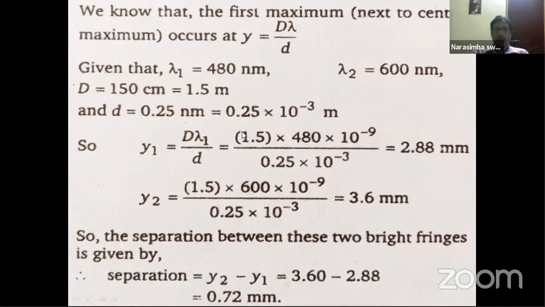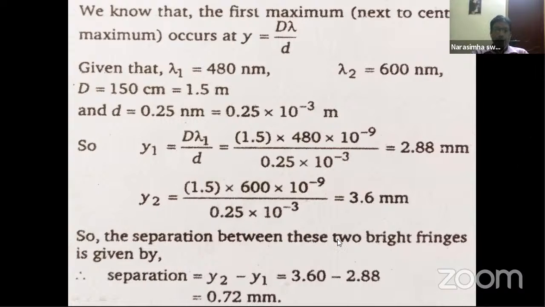Substituting all the values, we get 2.88 millimeters, and similarly for lambda 2 we get 3.6 millimeters.